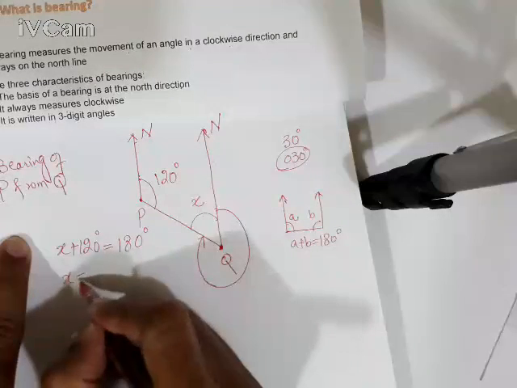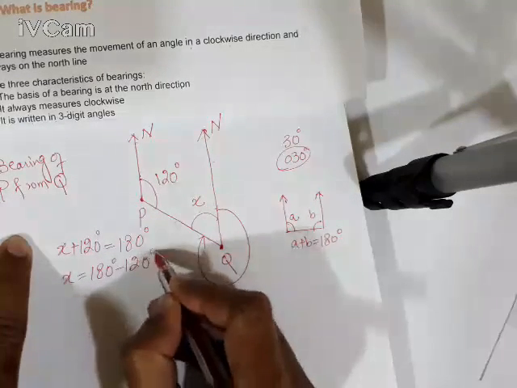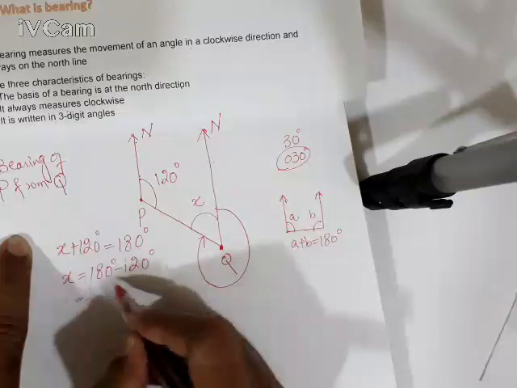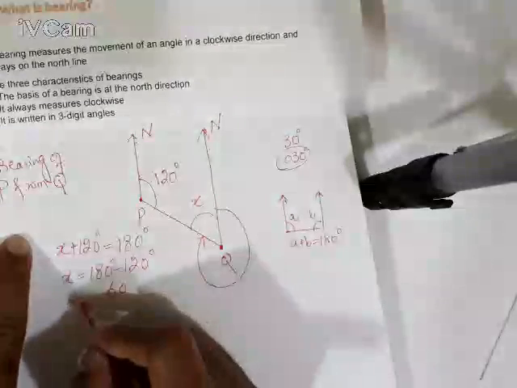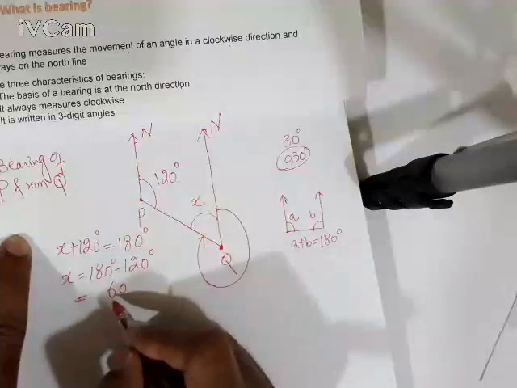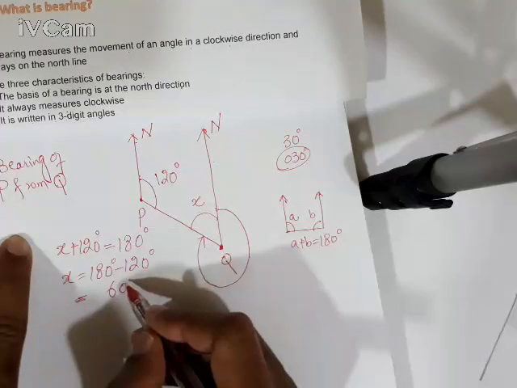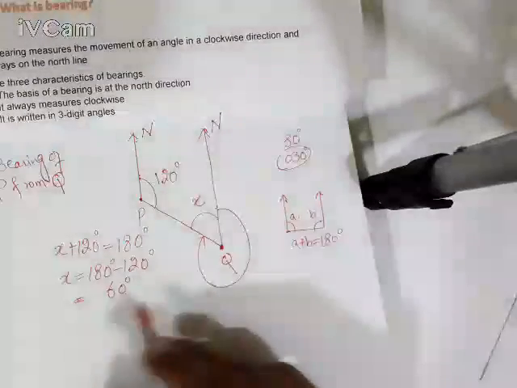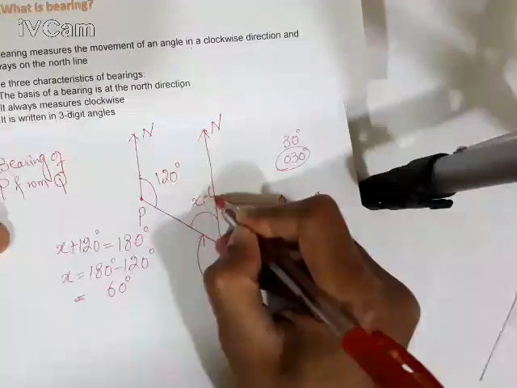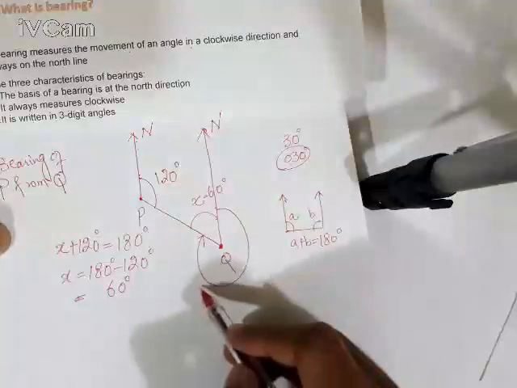So x is equal to 180 degrees minus 120 degrees. Now subtract this value: 0, 6, and 1 minus 1 is again 0. We cannot write 0 because at the end we will write the bearing. So the angle will be 60 degrees.